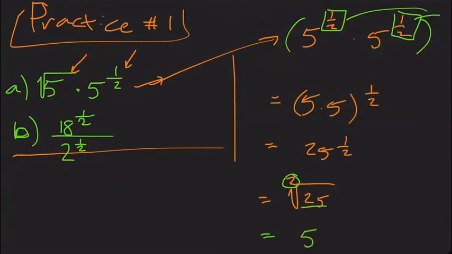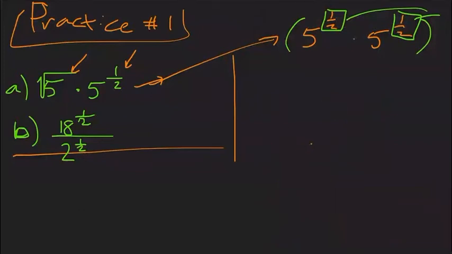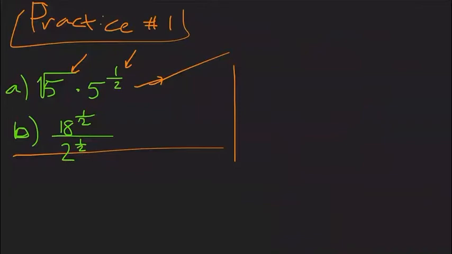That's 5. 5 times 5 is 25. So we got the same thing doing it both ways. So don't think that there's a specific property you're supposed to use in some situation or that you have to use a certain one. There may be multiple ones that can work.